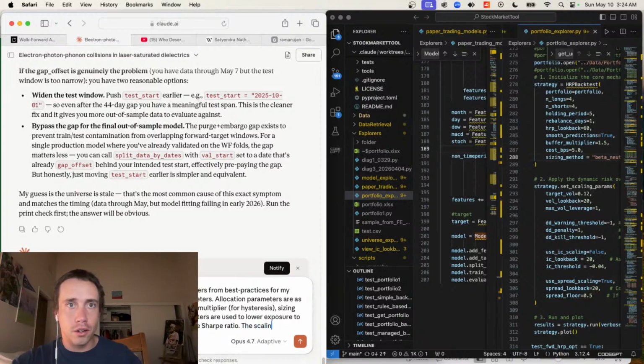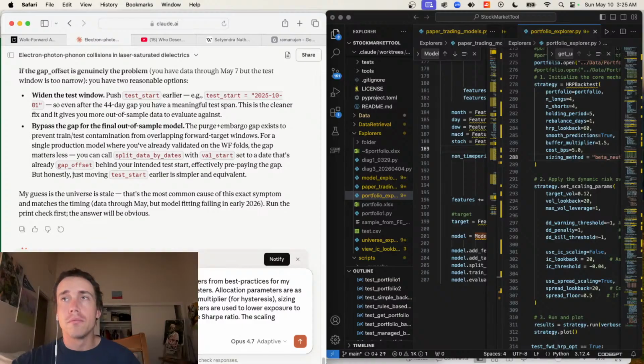The scaling parameters are as follows: target volatility, volatility look back, drawdown.